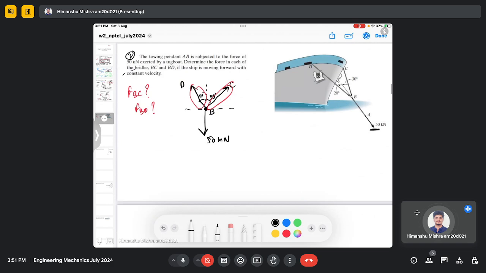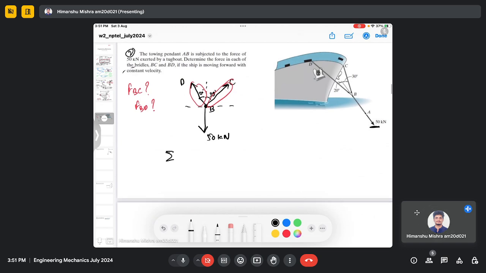So as usual, let's consider the summation of forces in the x direction to be 0. So the only x component forces we have are this component of FBC and component of FBD.